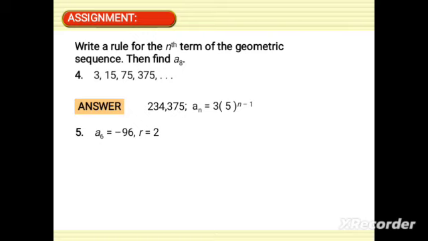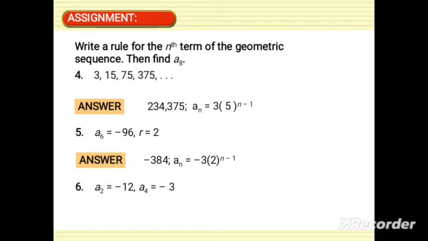With that information, you can work it out to find the eighth term, because that will help you to find the nth term, the first term, and then substitute to find the eighth term. You can also try number 6. Answers are provided just to see if you are correct.